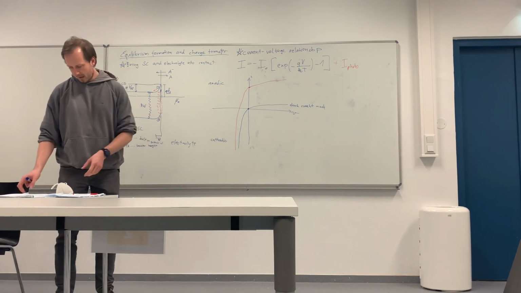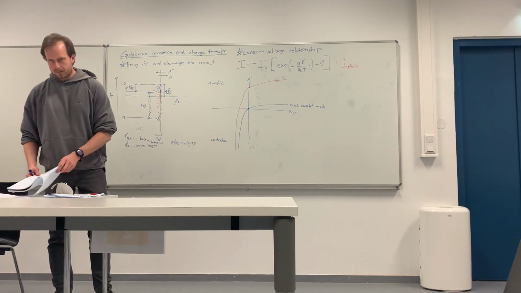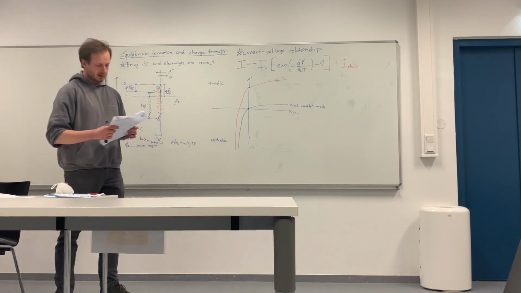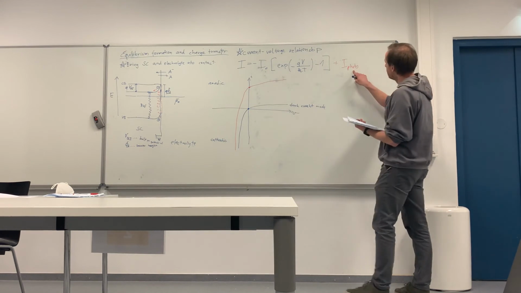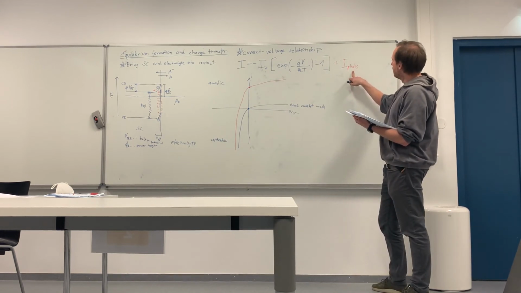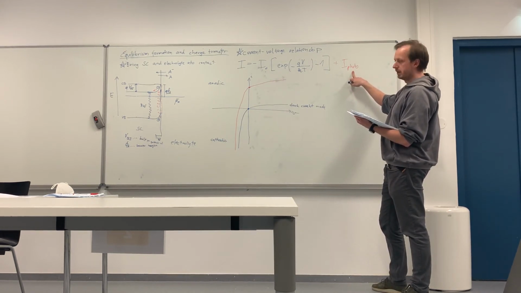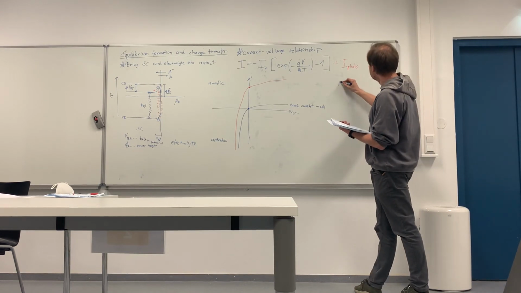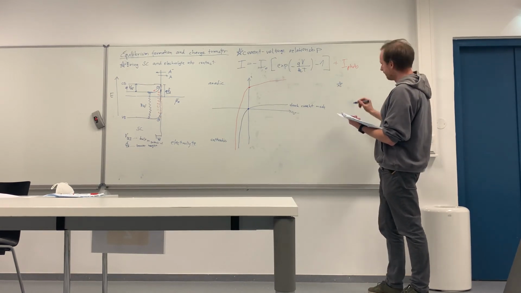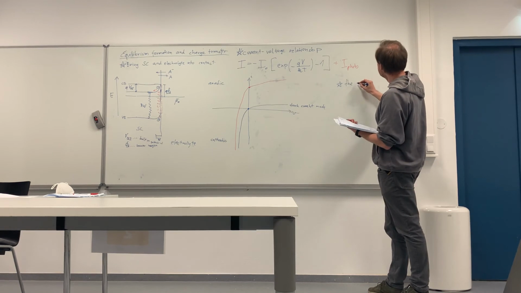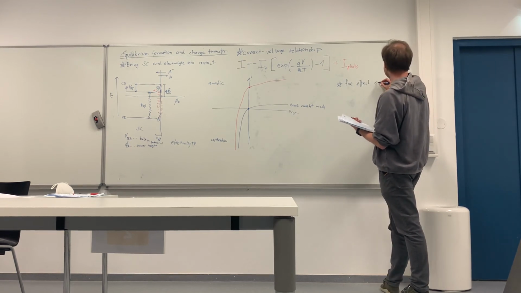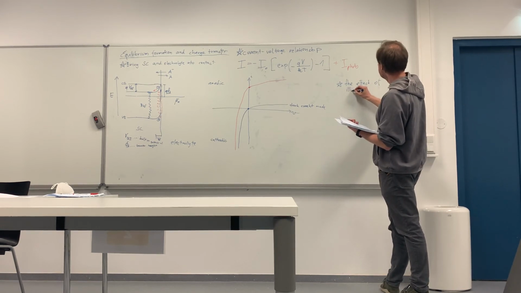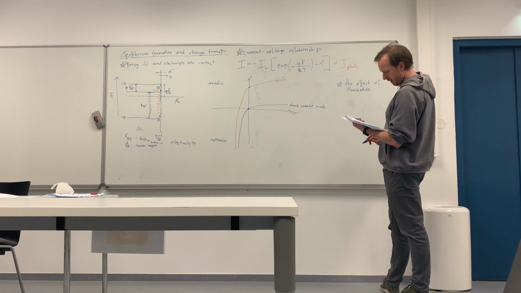Okay, just this. And at the end of this sub-lecture, just for completeness, I would like to write down the main ingredients for the occurrence of this photocurrent. So just to write it down, the effect of illumination of the contact. What happens?